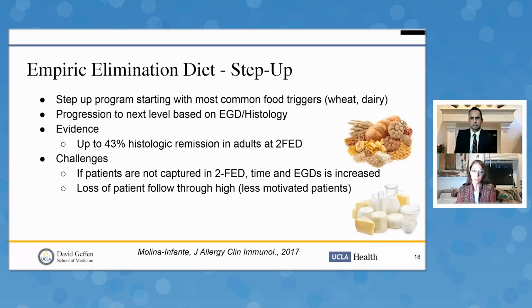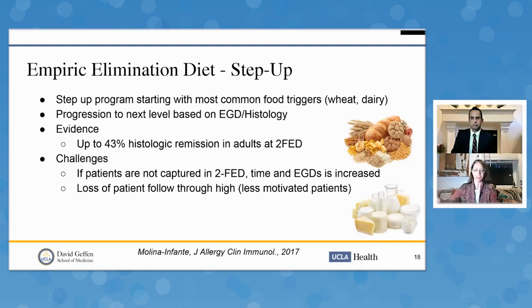The thing that we've noticed, though, is that for patients who are more inclined towards the 2-food elimination diet, they tend to be less motivated patients, which means that they're more likely to be lost to follow-up. So if they do the 2-food, they go through the first endoscopy, they have remission, but then when we start to bring them back, they have a hard time figuring out what the triggers are, and they have to then go into 4-food and 6-food.